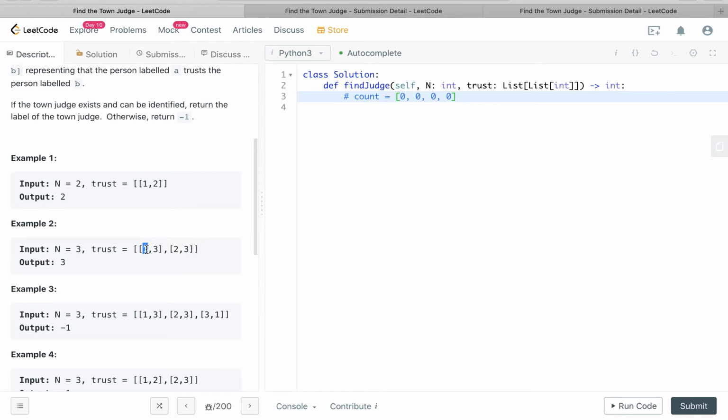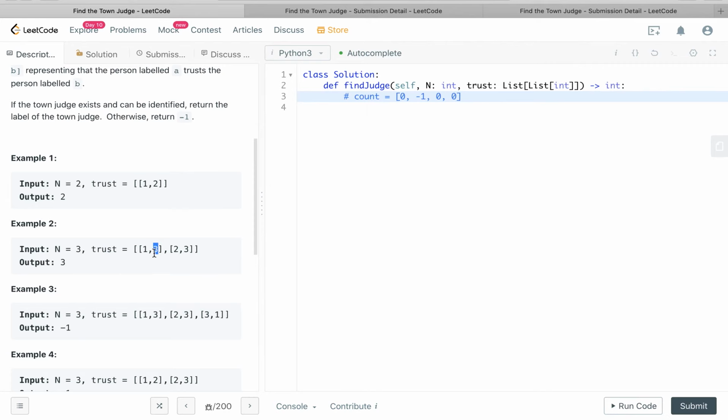And whenever we see somebody is trusting another person, we go into our array and decrease that index position's number by 1. So 1, 0, 1. Index position 1 should decrease by 1. And whenever we see somebody is gaining a trust, we increase the count by 1.